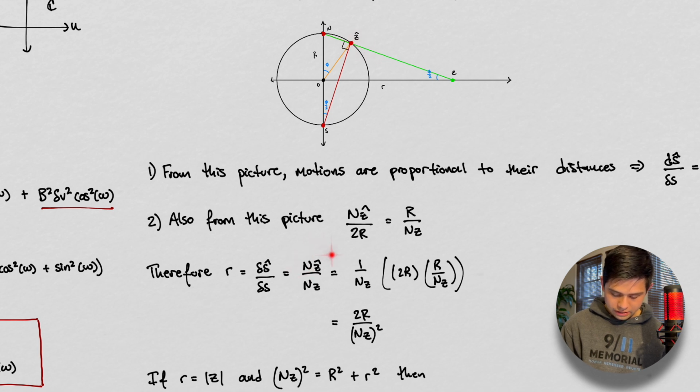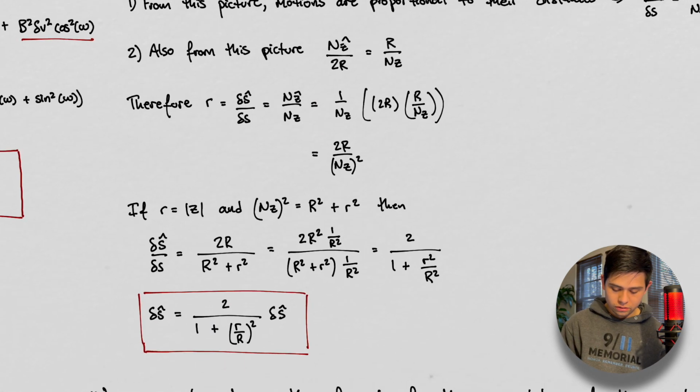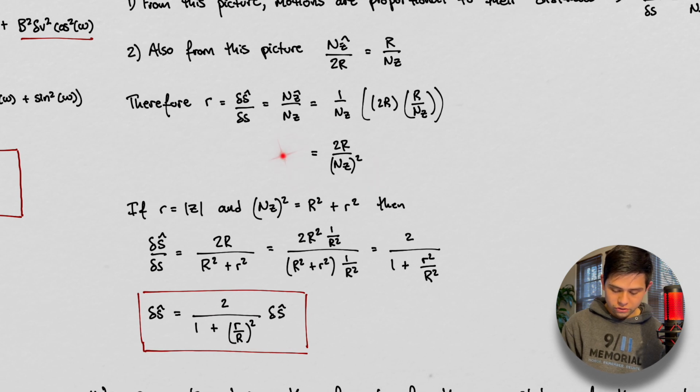Right, so NZ prime over NZ, which is again this distance here. We found that NZ hat is equal to this multiplied by 2R, so we get this. Again, this is just algebraic manipulation, and then we get this equation right here.